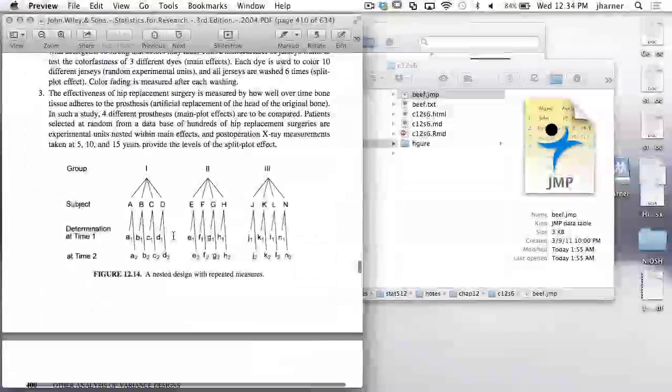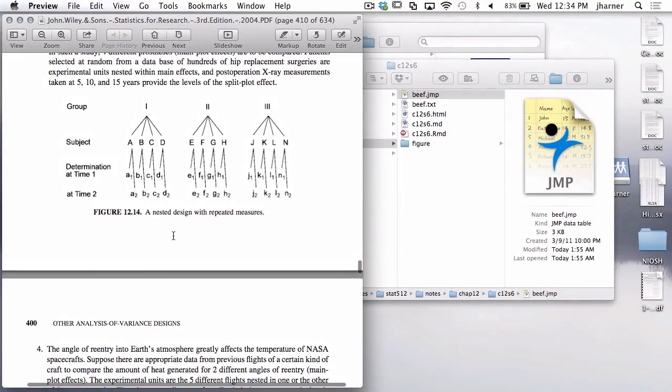Now the main difference here is conceptually, if you look at it, you have groups and you have subjects within groups, and then you have determinations at different times. So the top part is a completely randomized design. In this case, we have a completely randomized design in the whole plots, and then we have these subplots that are measured over time.